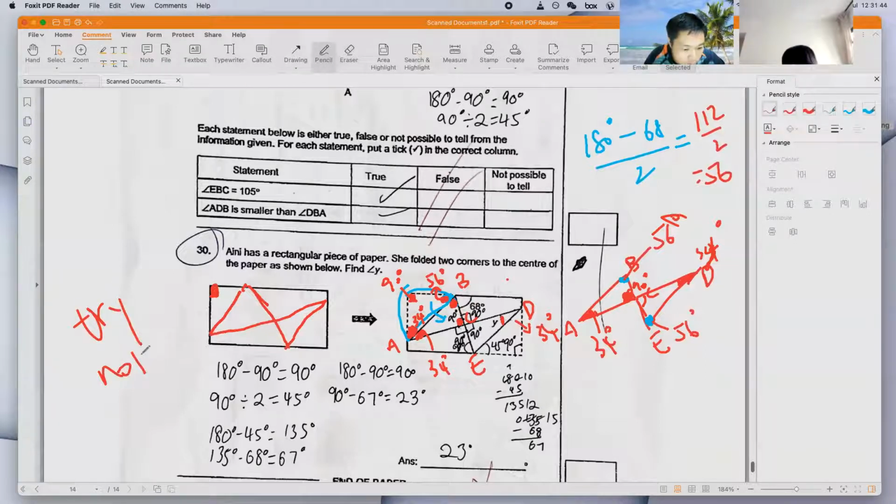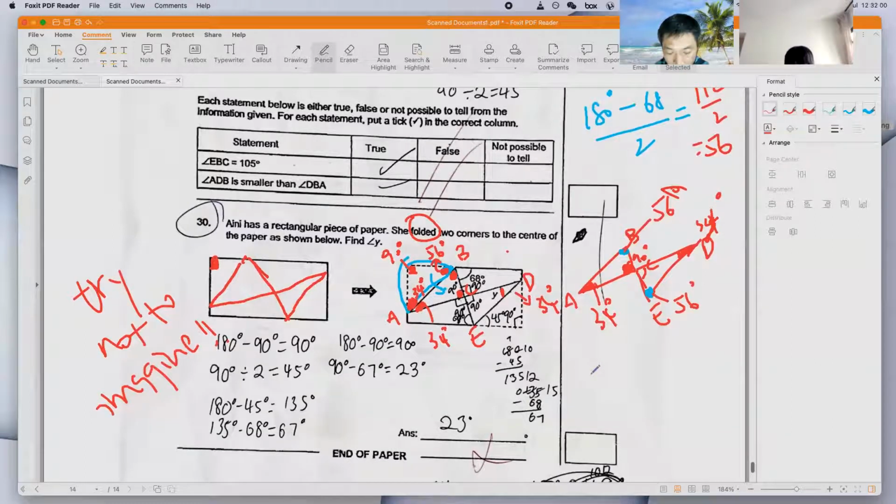Really go and fold the paper. Because once you fold the paper, only then can you see how all these angles are actually related.